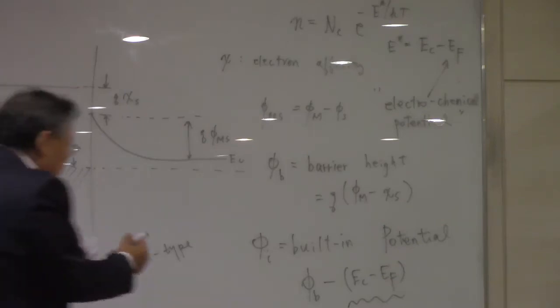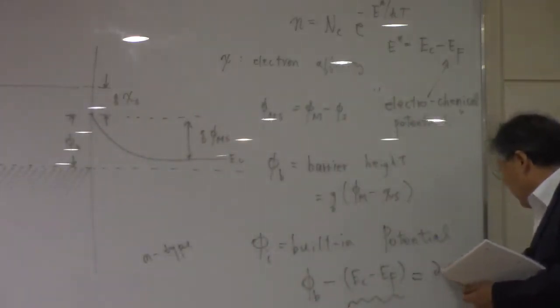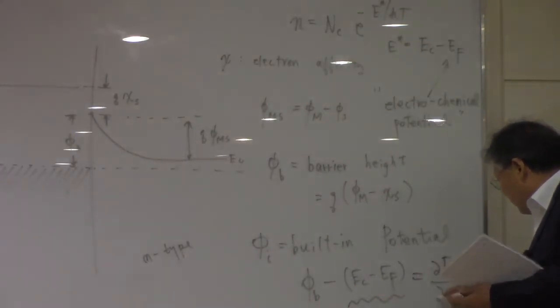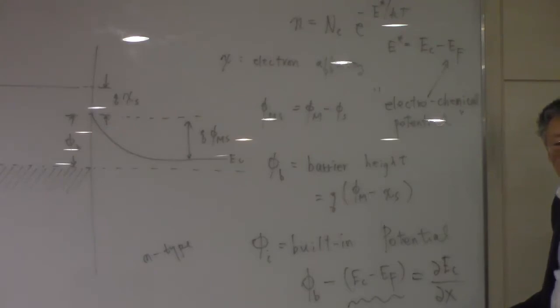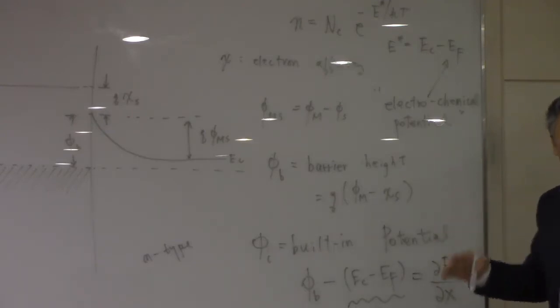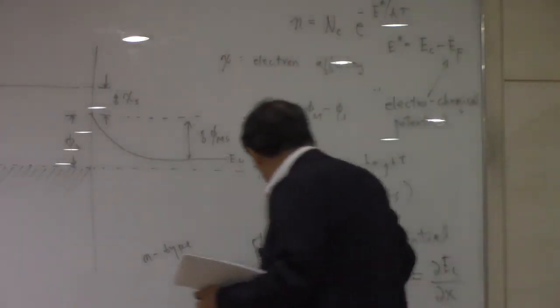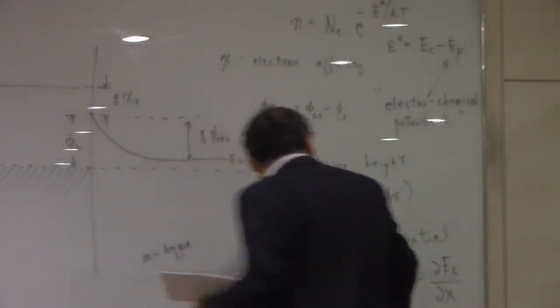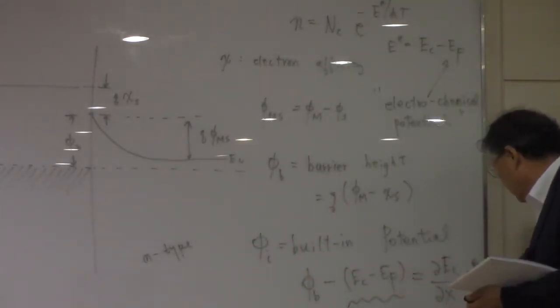And that is going to be equal to the partial EC over partial x. This x is the physical distance. So actually this is the slope of the conduction band along the x-axis. Let me see. This is the field.